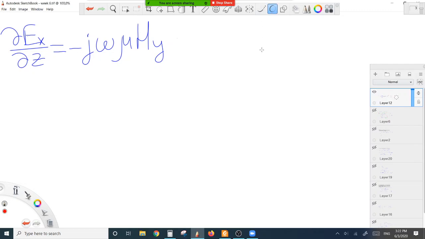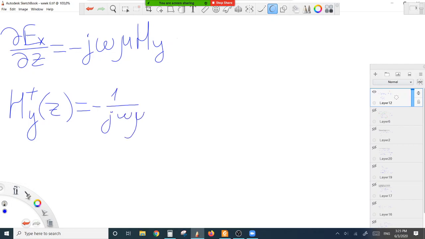Okay, we have this. Or if we write this for the forward propagating wave for Hy, so Hy plus, the forward propagating wave along z, will be equal to minus 1 over j omega mu multiplied by dEx over dz.